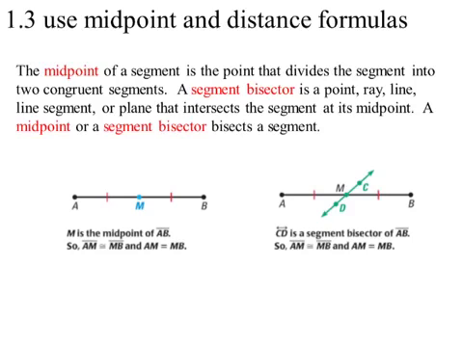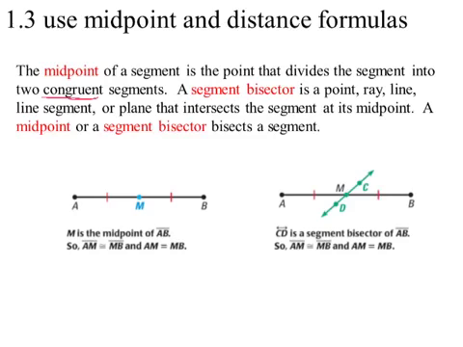So, to begin, the midpoint of a segment is the point that divides the segment into two congruent segments. Remember, congruent means equal. We've already learned what congruent means. A segment bisector is a point, ray, line, segment, or plane that intersects the segment at its midpoint.